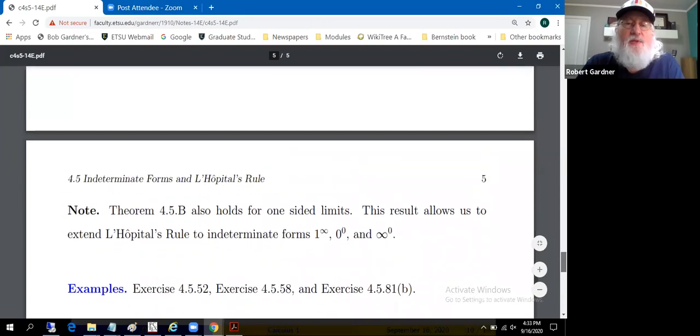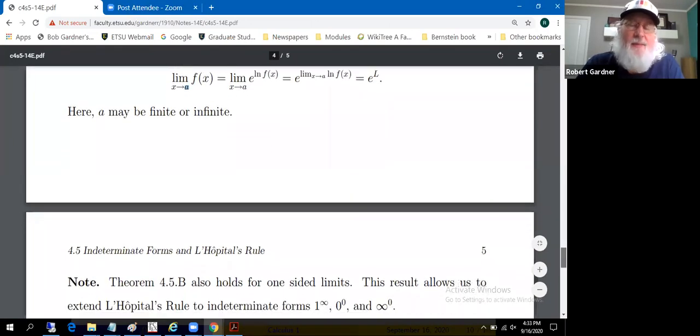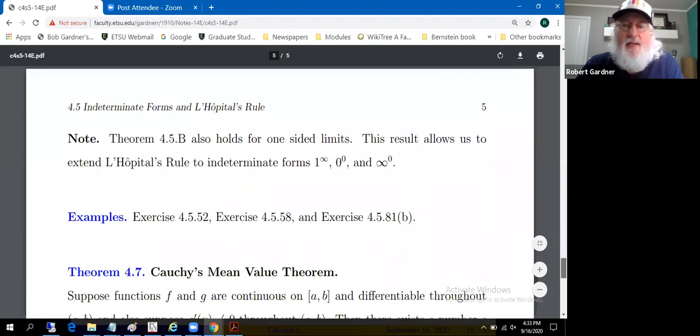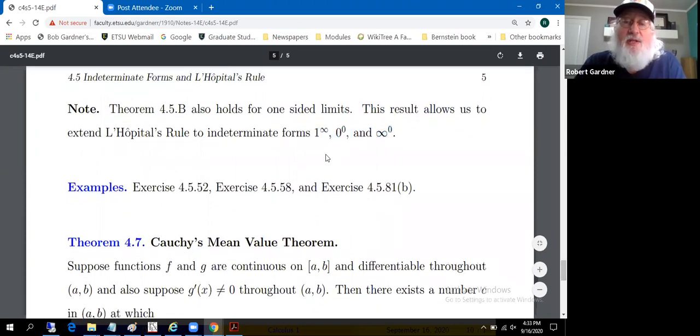This previous result holds for one-sided limits. It holds when a might be infinity or negative infinity. It's this previous result that lets us deal with these kinds of indeterminate forms. So let's do 3 examples illustrating that. Notice each of these indeterminate forms has a quote unquote base and a quote unquote exponent.